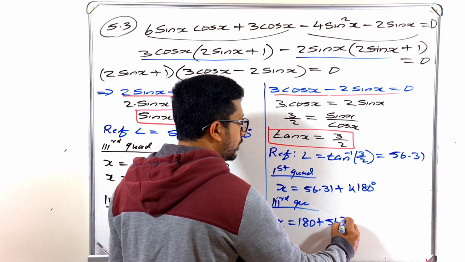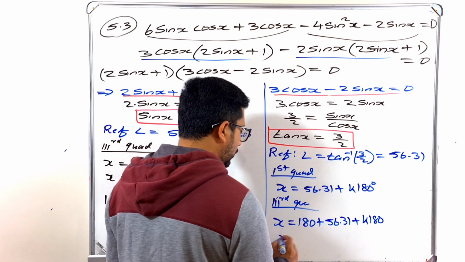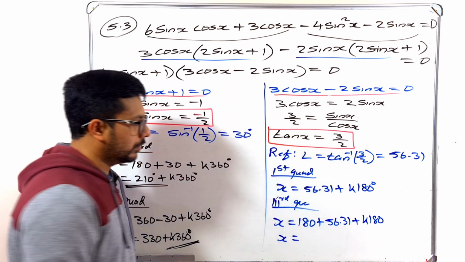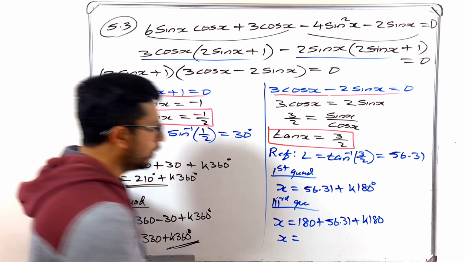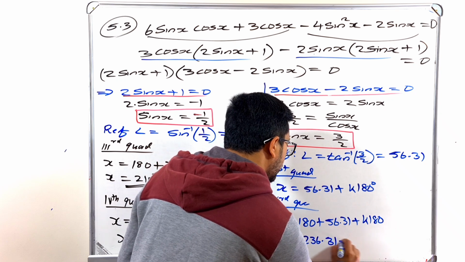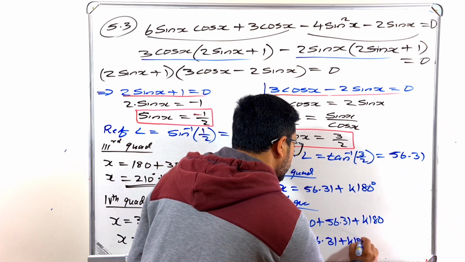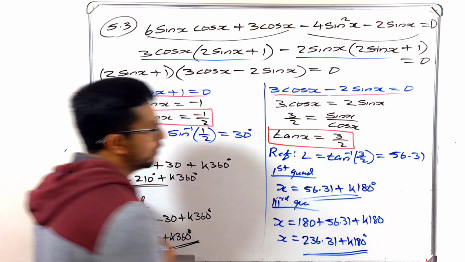Reference angle is 56.31 plus k 180. So check in your calculator, 236.31 plus k 180 degrees. So that is the second one. This is the first one.